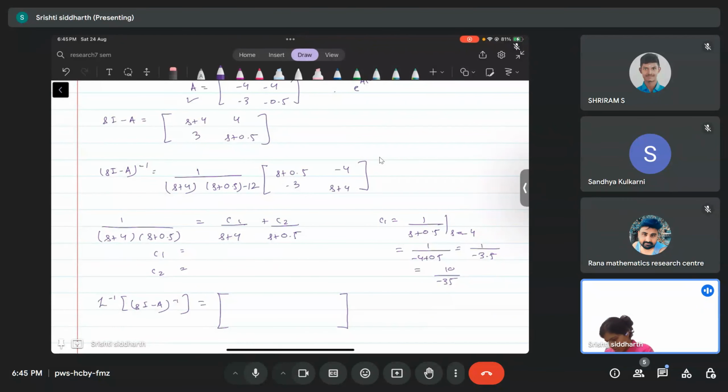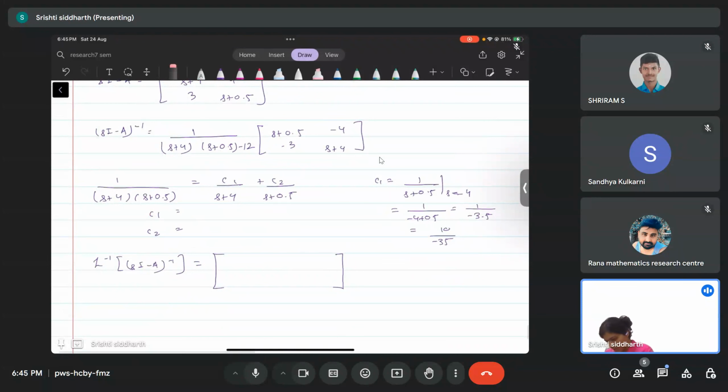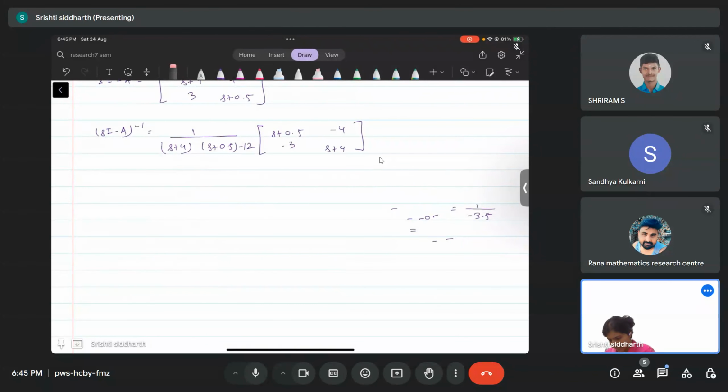Okay, so let me just factorize this quickly then. s square plus 4.5s plus 2 minus 12.